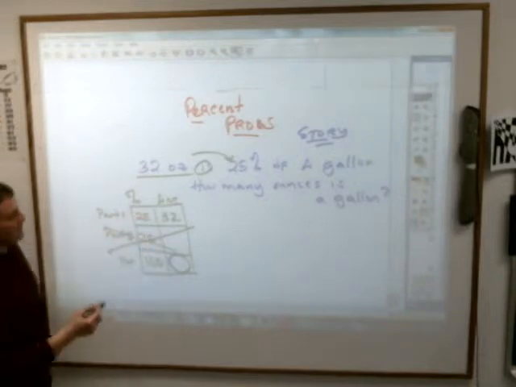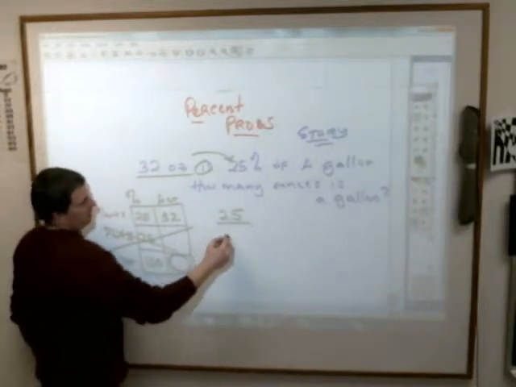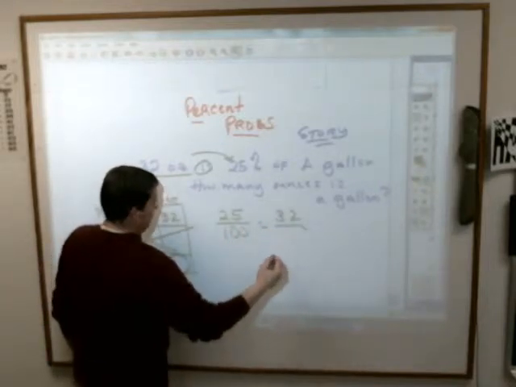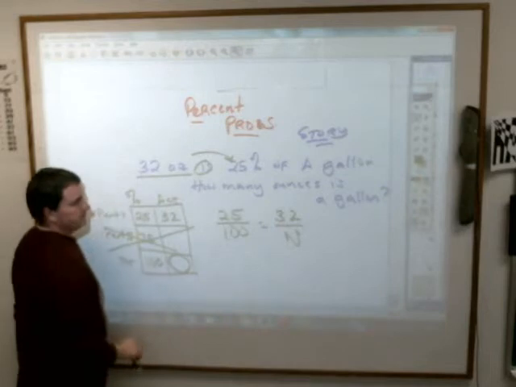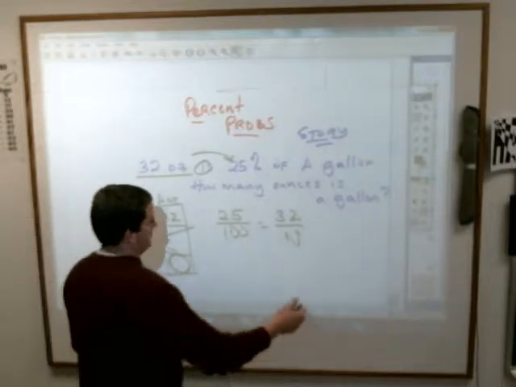This just makes equal fractions, which means 25 over 100 equals 32 over what number here? And then you look at that and you say, well, that's not very nice. When it's not very nice and you can't just look at it and figure it out, what's your first thought to try to do? Reduce it.